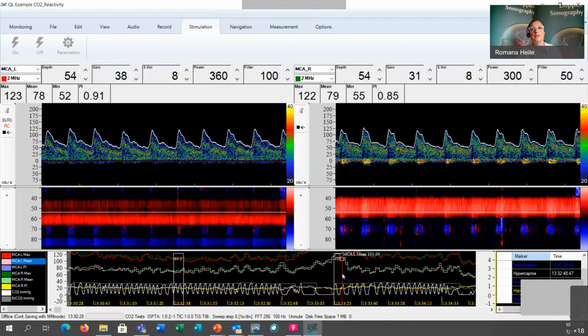So I'm looking here, and then I'm looking for the minimum.